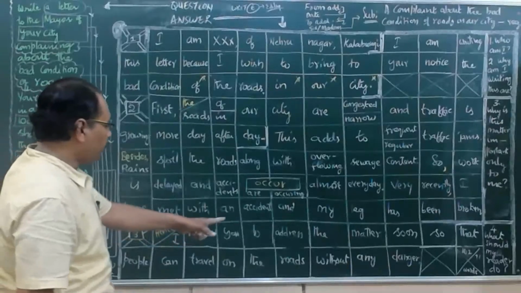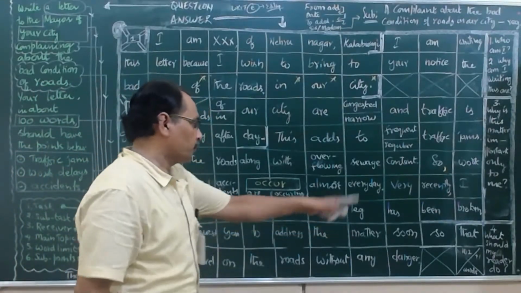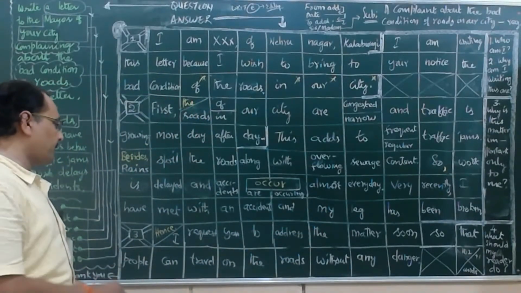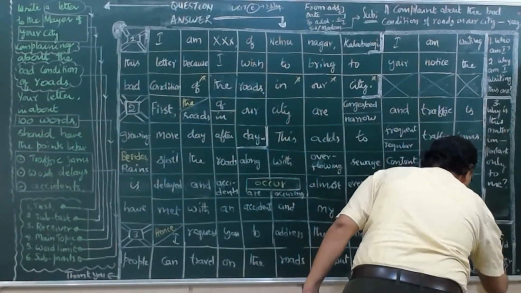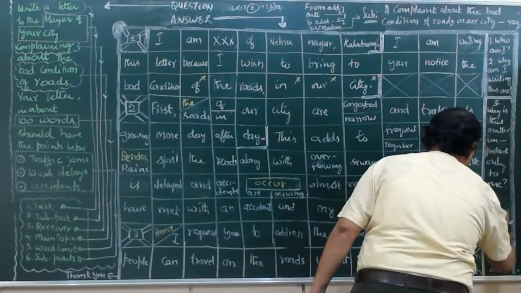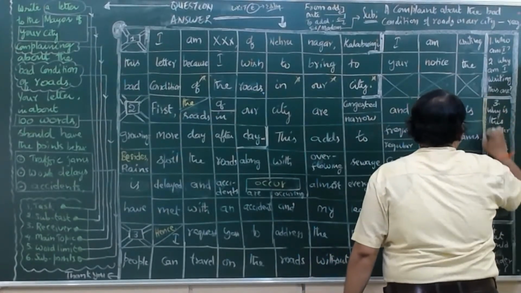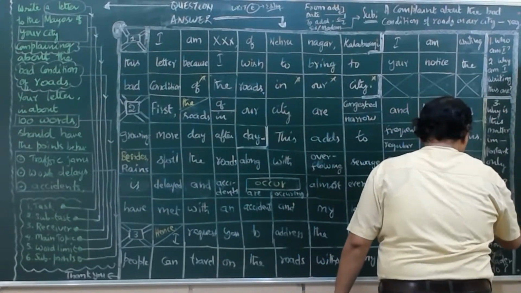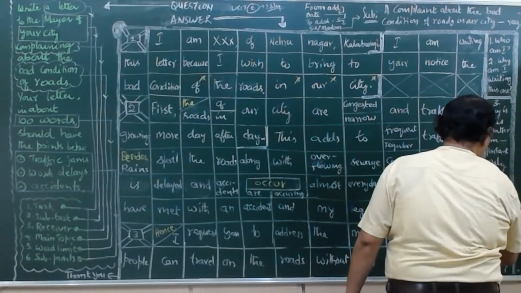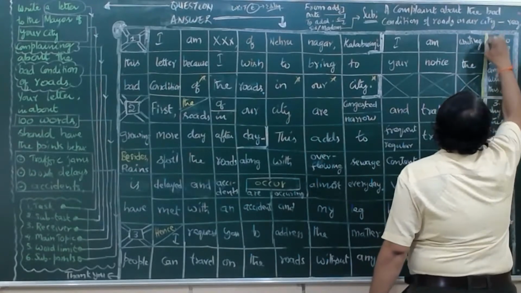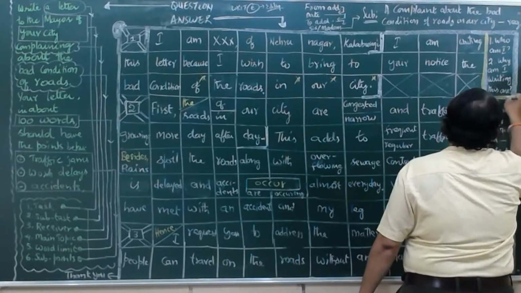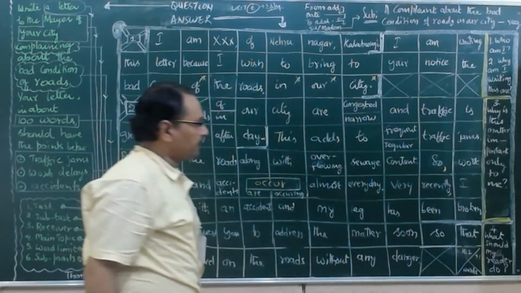Hence, I request you to address the matter soon so that people can travel on the roads without any danger. So there won't be any further danger to people like that you are indicating. Let me use a different color so that this part can be a little bit segregated from the remaining part. I think now it is clear.